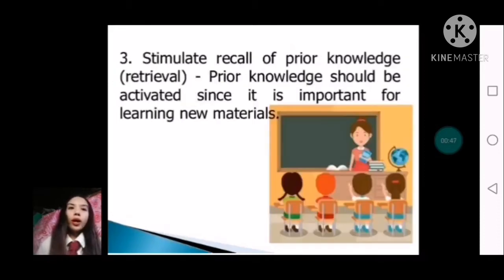So the third one is stimulate recall of prior knowledge, or retrieval. Prior knowledge should be activated since it is important for learning new materials. It means that when learning something new, accessing prior knowledge is a major factor in the process of acquiring new information.